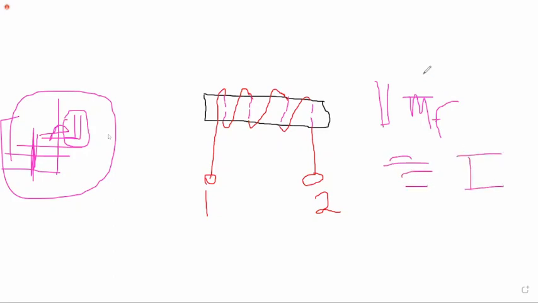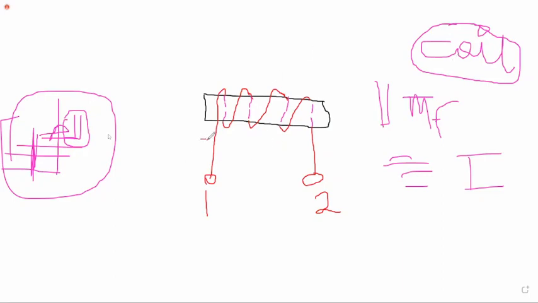Coils are wound on the solenoid and toroid; these are the types of electromagnets. So for a coil, the rounded finger shows the direction of the current and the thumb shows the direction of the magnetic field.